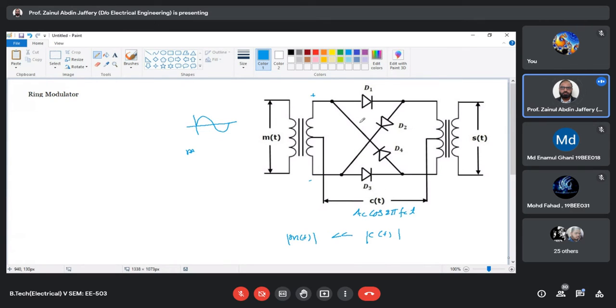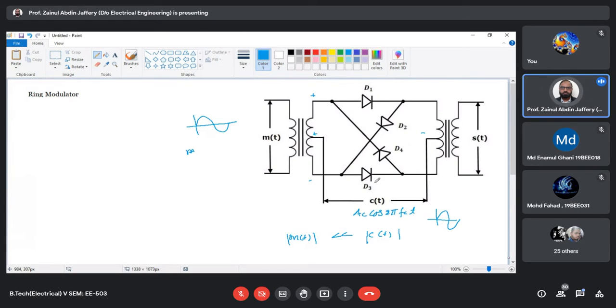Okay. So if we see this signal, let us say this carrier signal will also be like a sinusoidal signal. Okay. So this will be, let us say, plus and minus. So in this plus and minus, if you see that this diode will be positive and this diode will be positive as well.